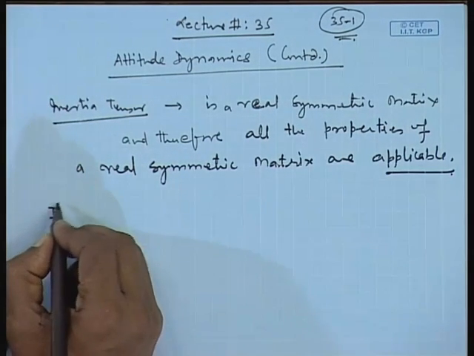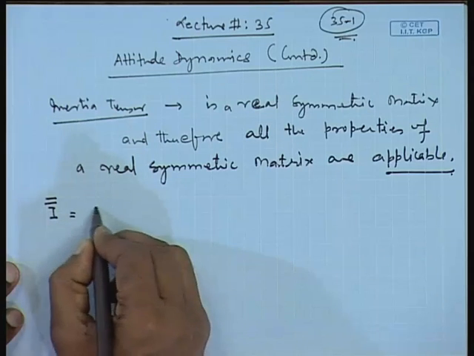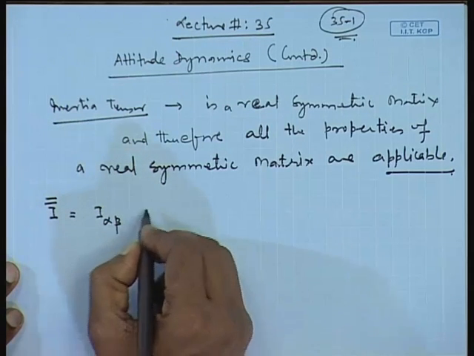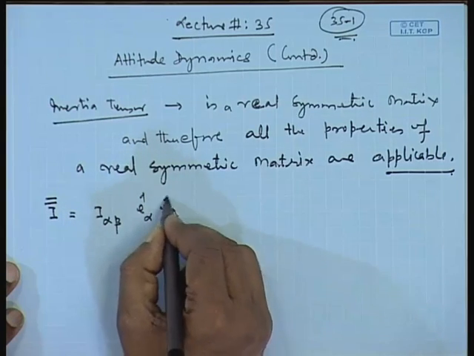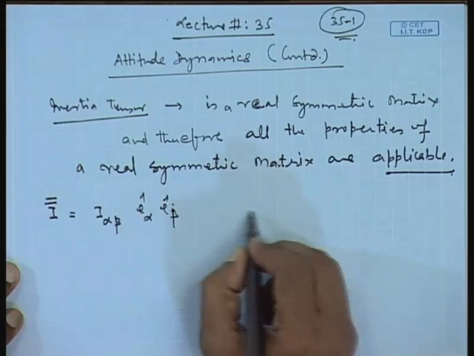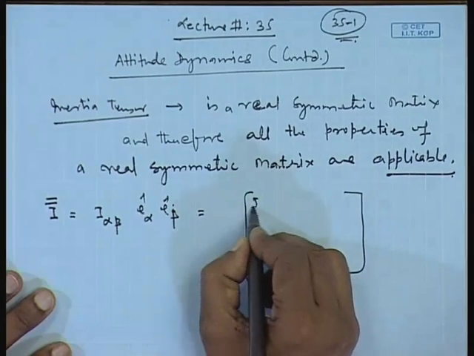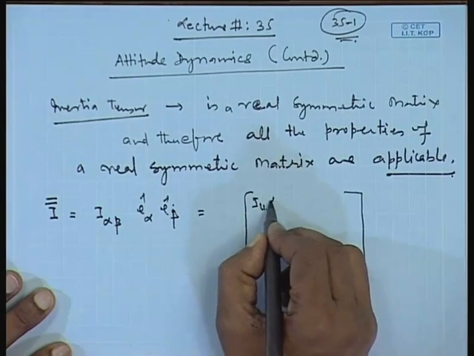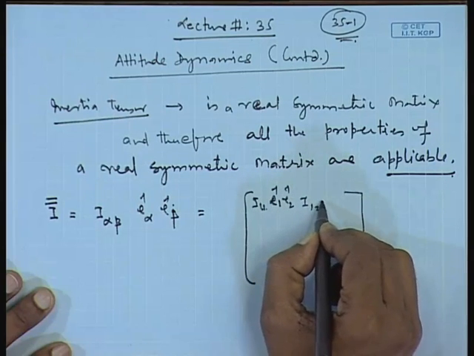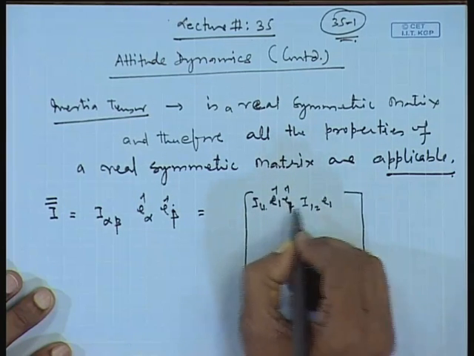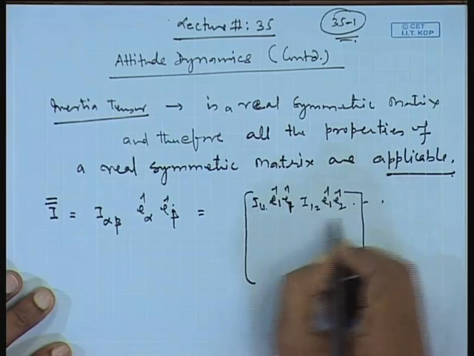So, we wrote the inertia dyadic as I alpha beta times E cap alpha and E cap beta, and in that we wrote I 1 1 E 1 cap E 1 cap, I 1 2 E 1 cap E 2 cap and so on.